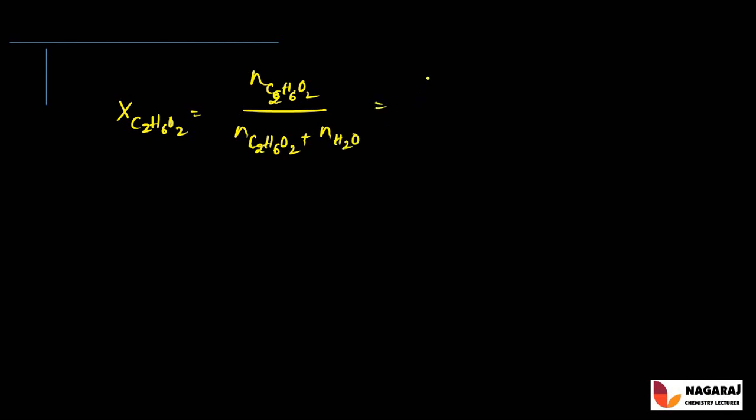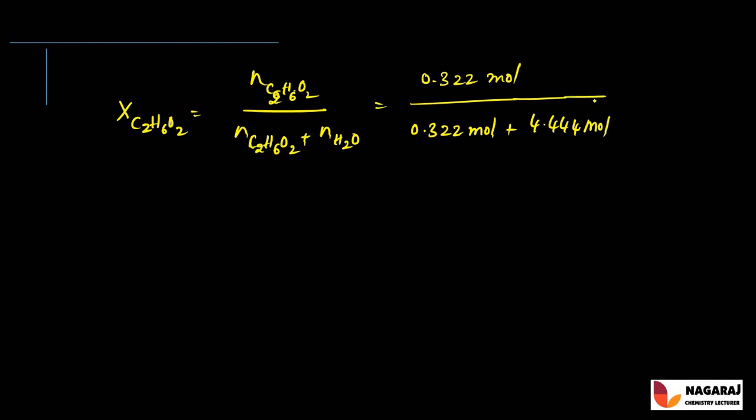That is 0.322 moles divided by 0.322 moles plus the number of moles of water, which is 4.444 moles. On simplification it gives 0.068.